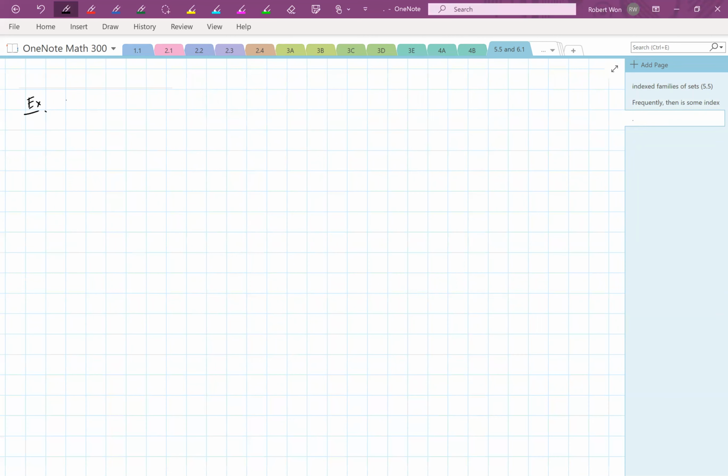Here's the first example. For each natural number n, let's define the set I_n, which I'll take to be the half open interval from 0 to n.